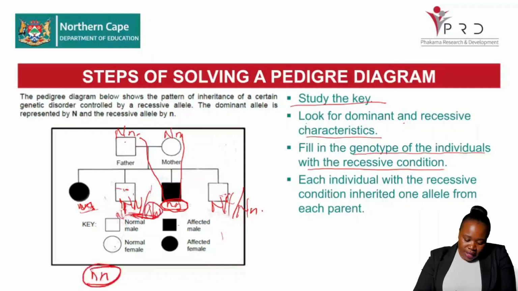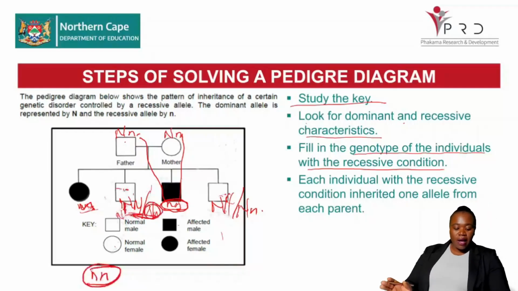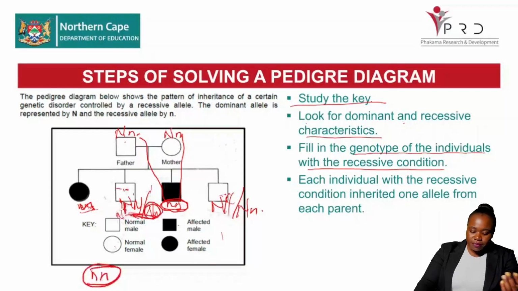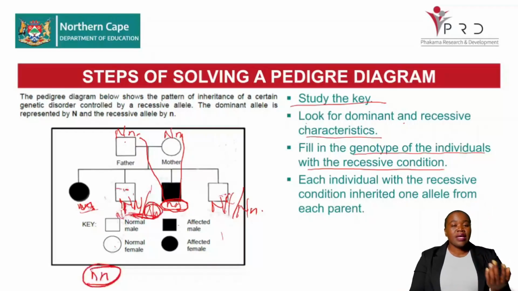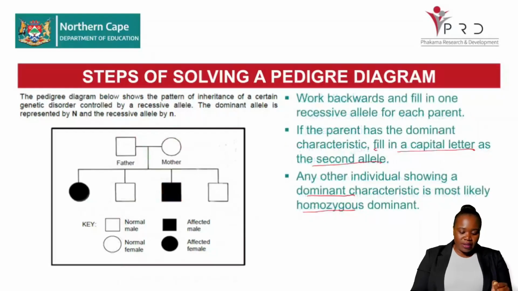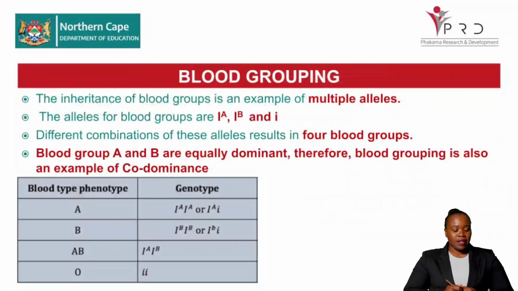So we would conclude that they are heterozygous. But if all their offspring are unaffected, then we can also conclude that this person is homozygous dominant. Okay, so it is just a matter of working backwards and forward to make sure that you fill in everything. But start with the recessive.